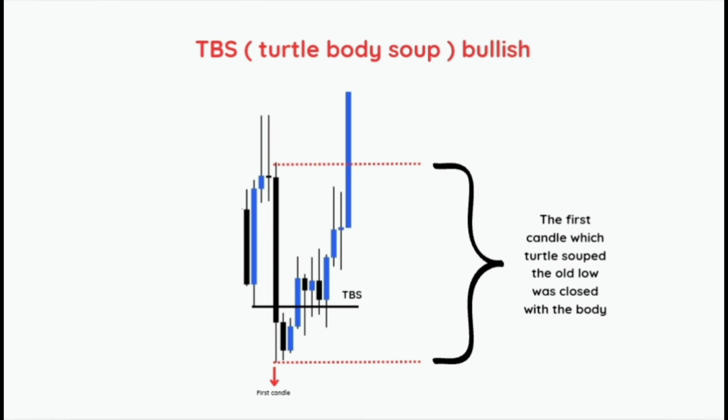And now this is an example of a bullish TBS. Look at the image carefully. The first candle, which manipulates our turtle soup, takes the old low with a closed body candle, and that is called turtle body soup.